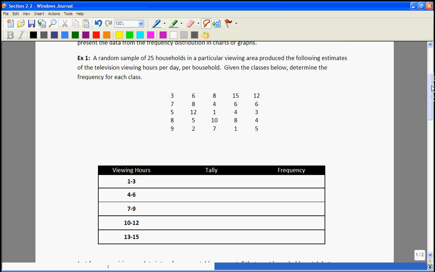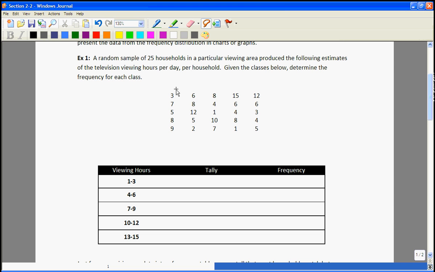So in this particular chart, they told us what the classes were. And here are the classes here, 1 to 3, 4 to 6, 7 to 9, 10 to 12, and 13 to 15. So our job is to look at the raw data and tally how many data values fall within each class. So let's go through the first class, 1 to 3.